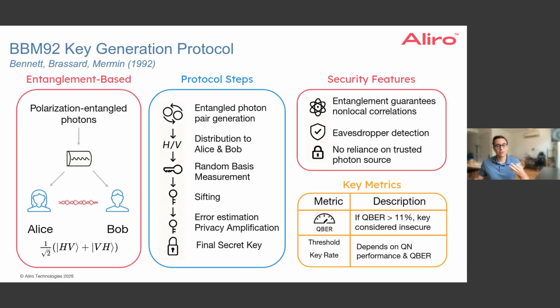Now, going back to the key metrics, right? How do we use these metrics to guarantee security? So one key metric to think about is the QBER, the quantum bit error rate. Now, there's a threshold we can set for the QBER.